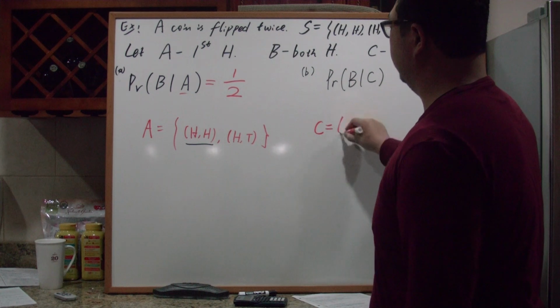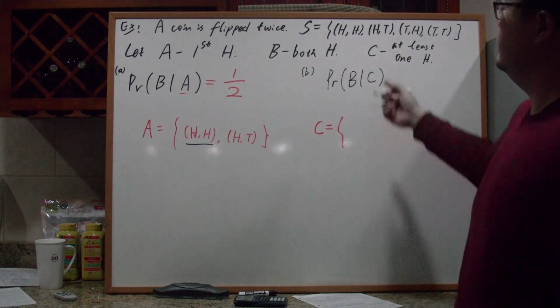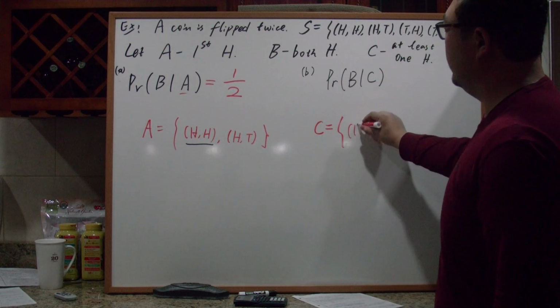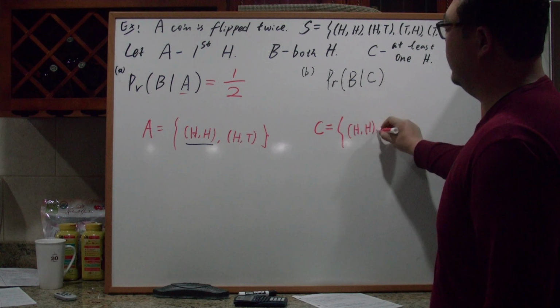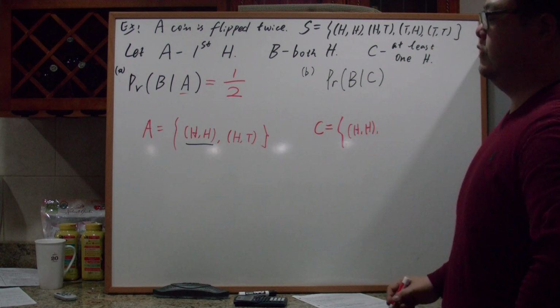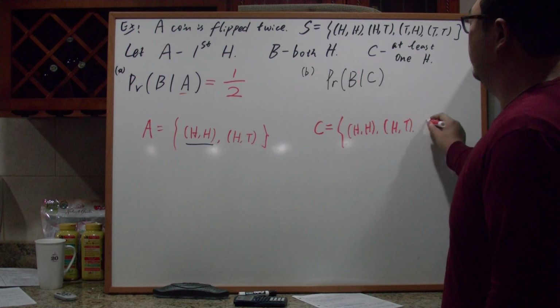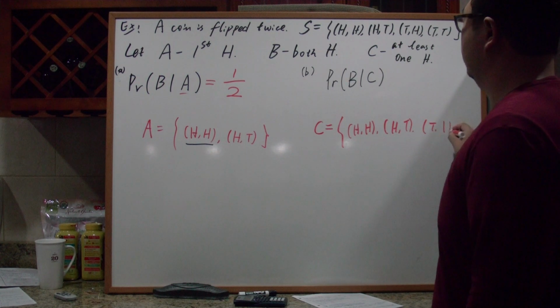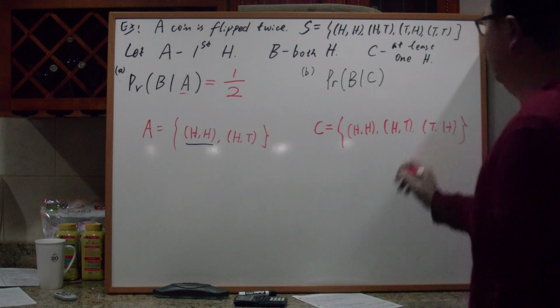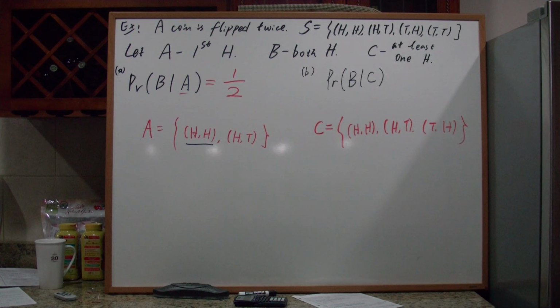C is the event that at least one is head, which includes two heads, head and tail, and tail and head.